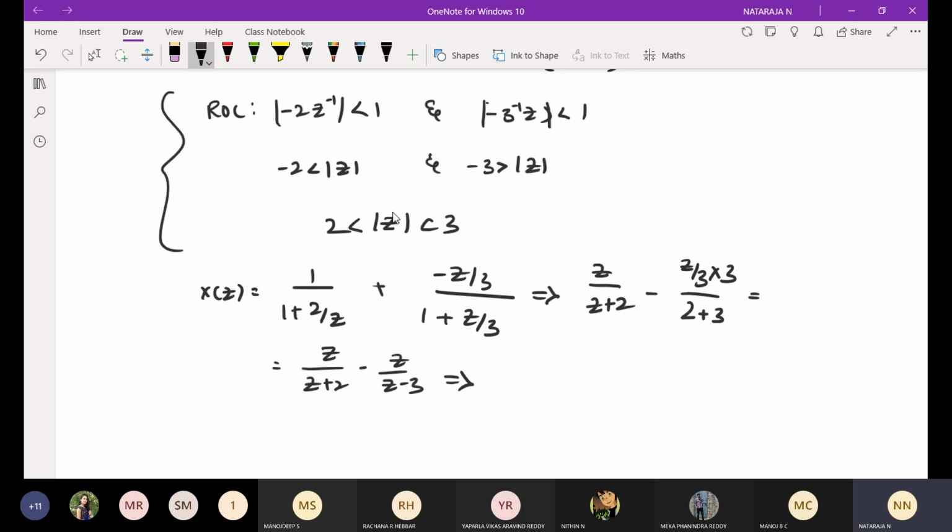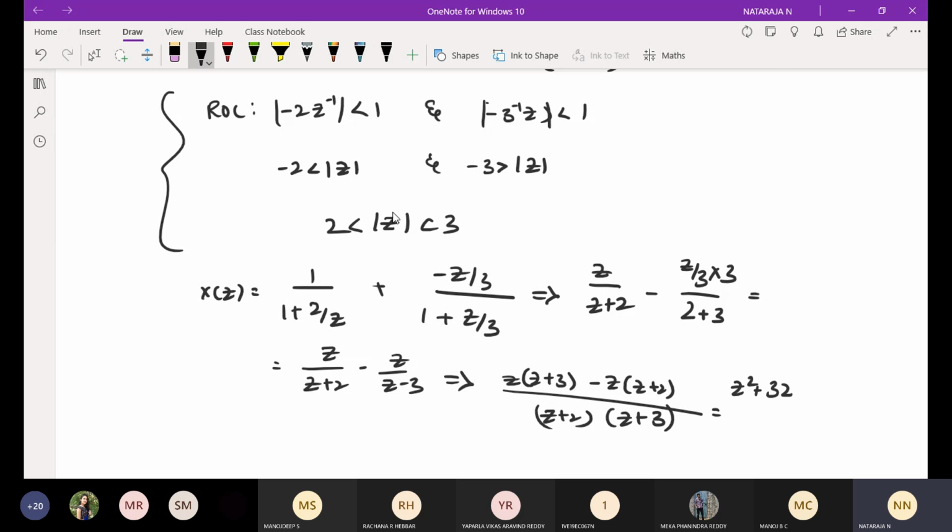Then you can take an LCM, z plus 2 into z plus 3: z into z plus 3 minus of z into z plus 2. If I simplify this, you will get z square plus 3z minus of z square plus 2z, divided by z plus 2 into z plus 3.